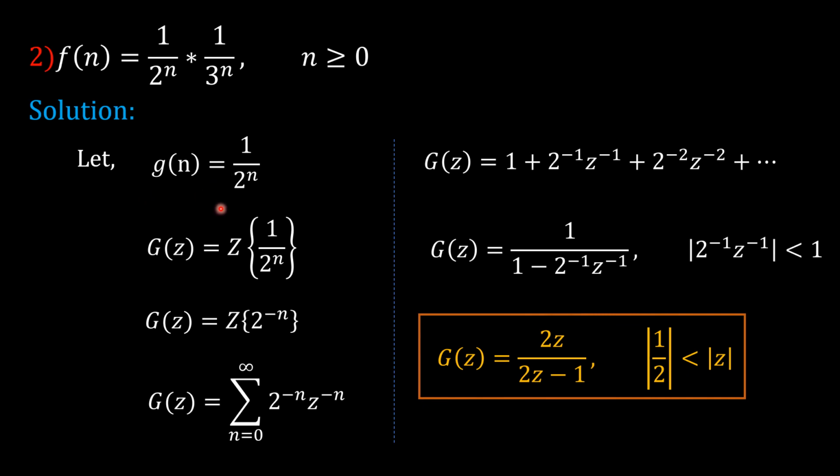Now we will go for obtaining Z transform of the sequence 1 upon 3 raised to n. Now consider h of n as 1 upon 3 raised to n, and in the same way we will try to obtain Z transform of the sequence, h of z.